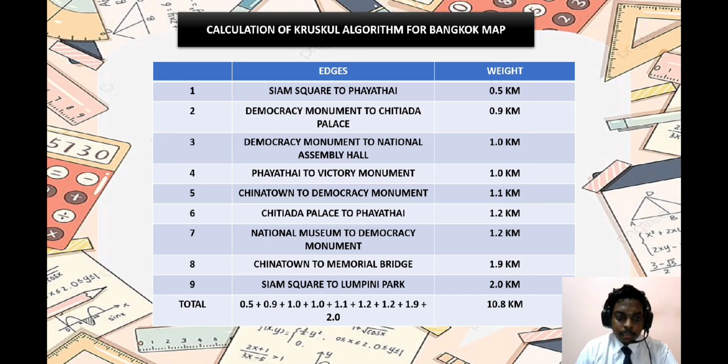The eighth edge is Chinatown to Memorial Bridge, which the weight is 1.9 km. The last edge, which is the ninth edge, is Siam Square to Lumpini Park, which the weight is 2.0 km. So the total weight of edges is 10.8 km.